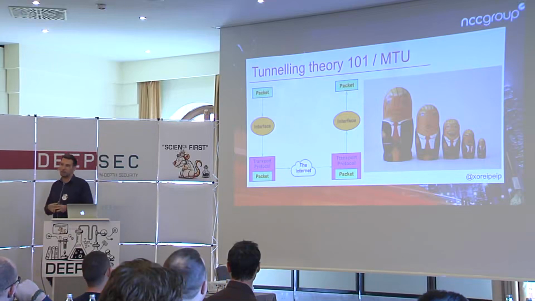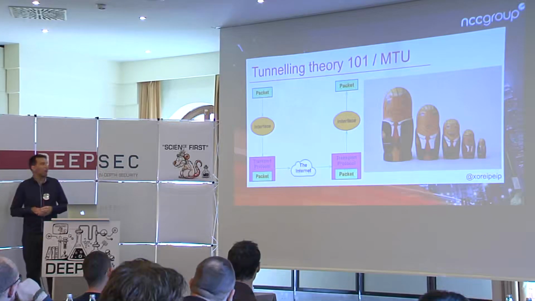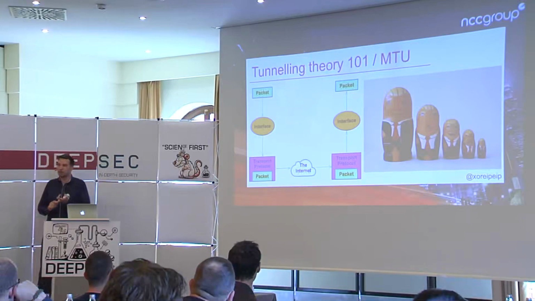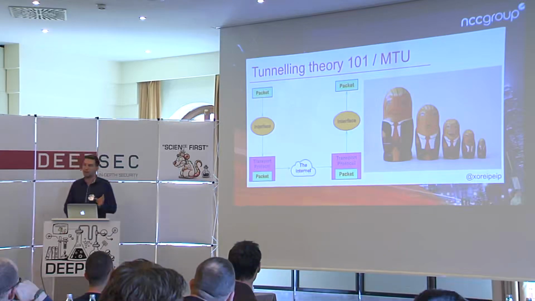You have a network that you connect to, and they filter everything. They have firewall rules that filter out TCP and UDP, for example, but they forget about ping requests and responses, so ICMP. What you can do on that network is set up a tunneling client on your machine, and you need to set up a tunneling server outside of that network.